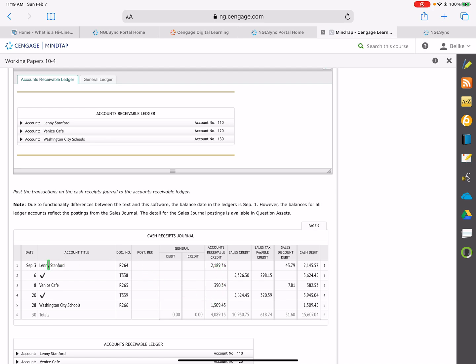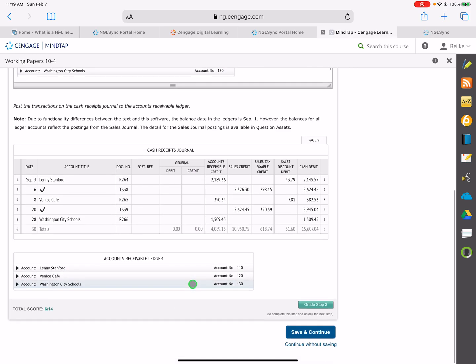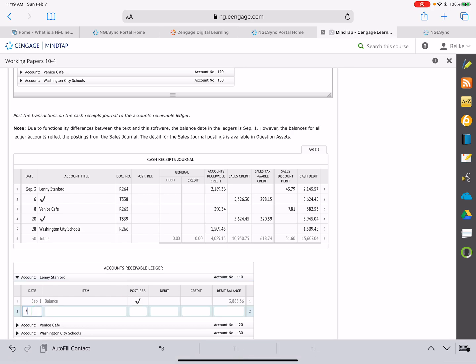Our accounts receivable, Lenny Sanford, we're going to go to his account down here. The date is the 3rd. Post reference is cash receipts, page 9. We're going to credit this amount here, so we're going to go over to our credit.